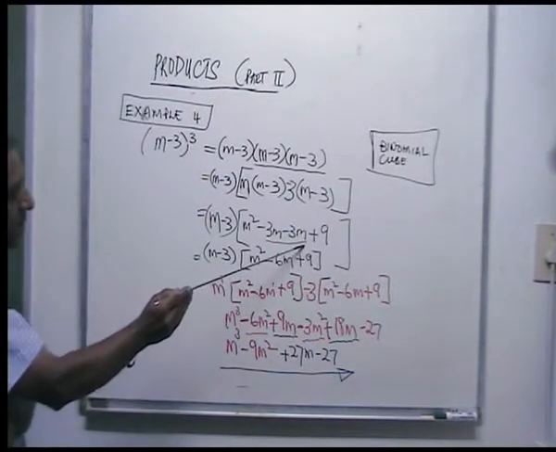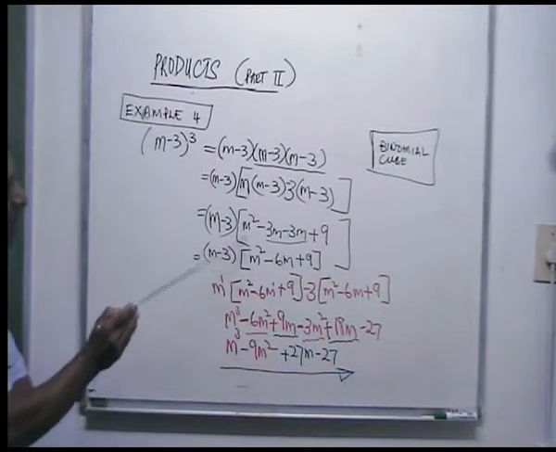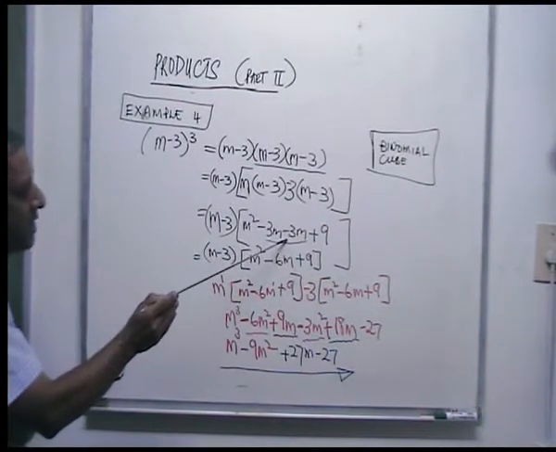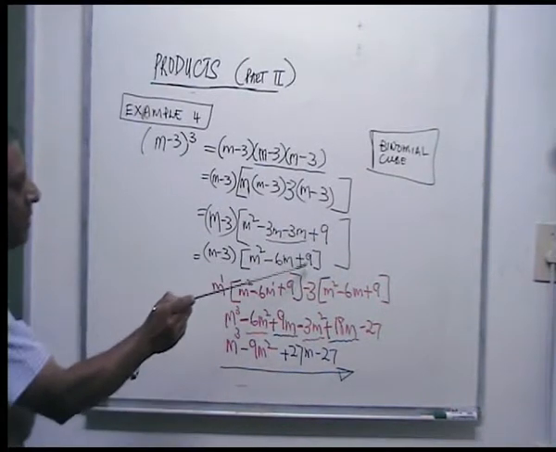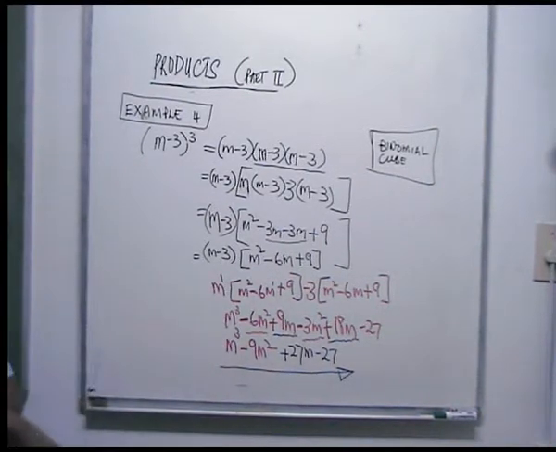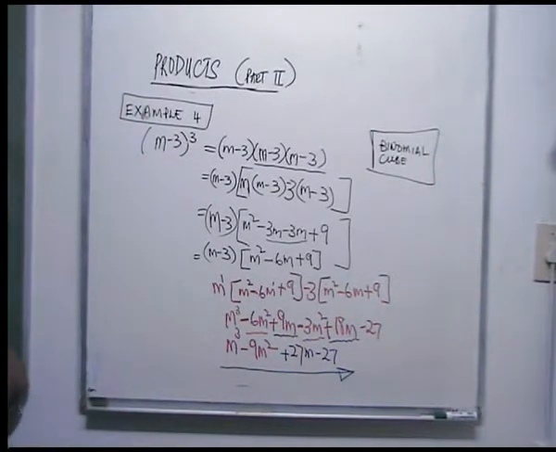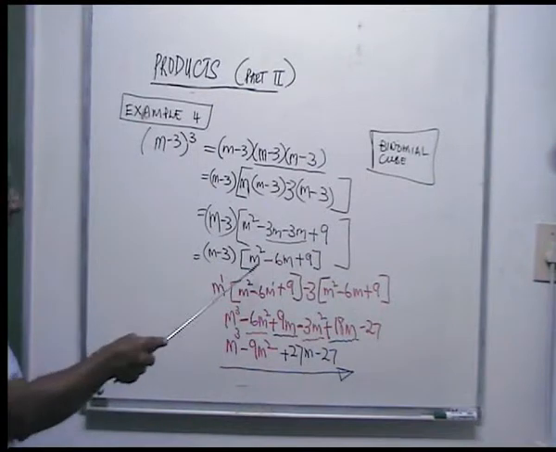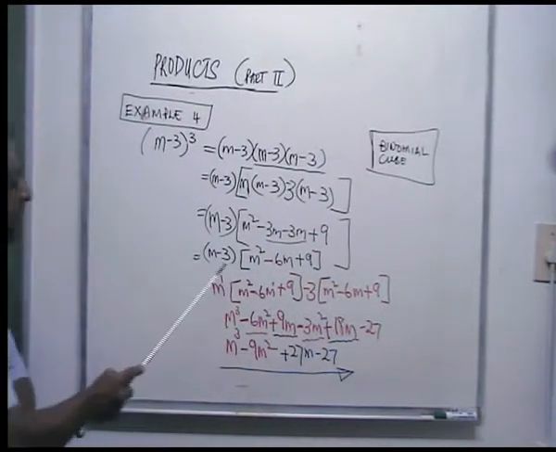Then when we're looking in this bracket here, we can see like terms. Just bring this down. There's your m squared, minus 3m and minus 3m gives you minus 6m, and bring down that 9. And then you realize that, look, you've got 2 brackets here that you are multiplying. Therefore, write the second bracket down 2 times.